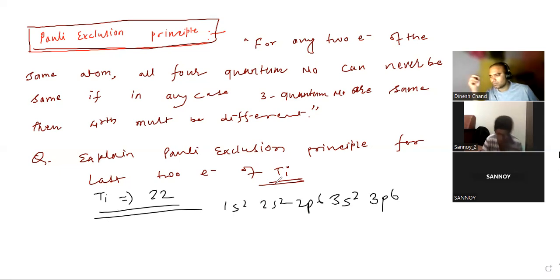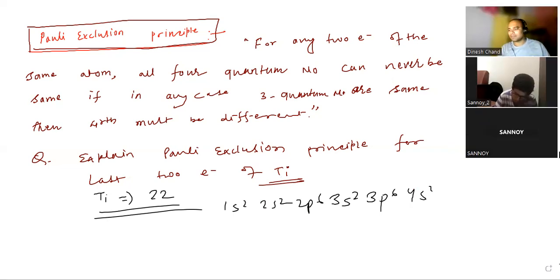Two, two, four, four, 6, 10. So this should not be there. Take time, don't hurry up. Just take time, think a little bit on it. It will automatically come.